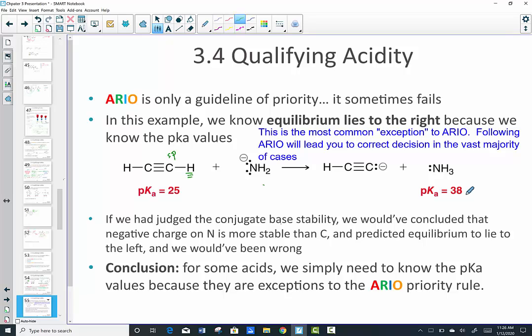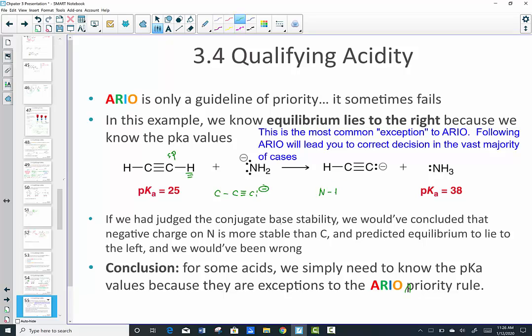So if we have a negative charge on nitrogen and we have a negative charge on carbon, we would consider using ARIO, and rightly so, that the nitrogen, being the more electronegative element, should be the stronger acid. But it's not.